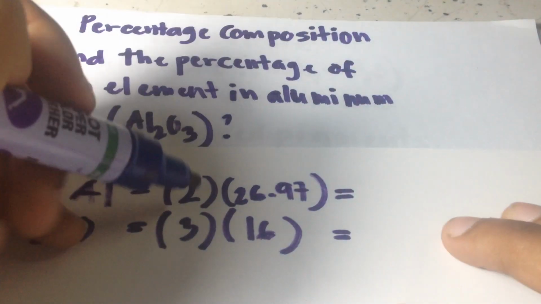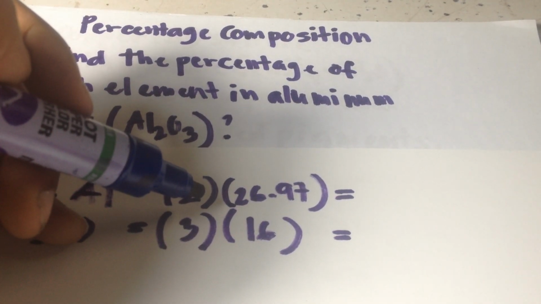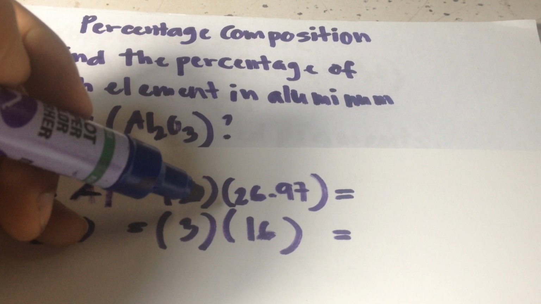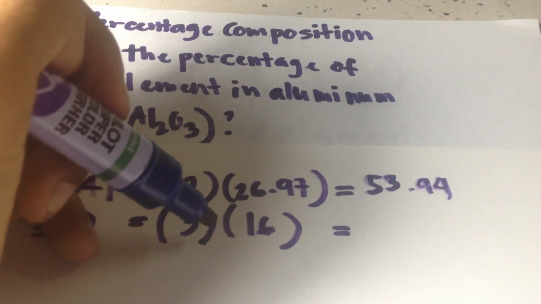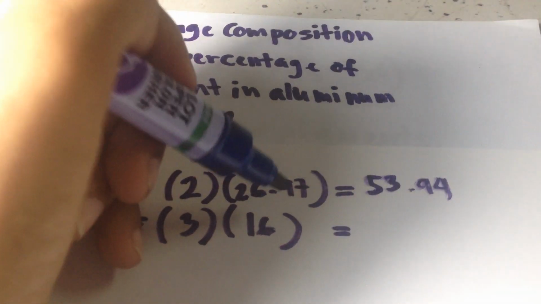So 2 times 26.97 is equal to 53.94, and 3 times 16, which is 48.